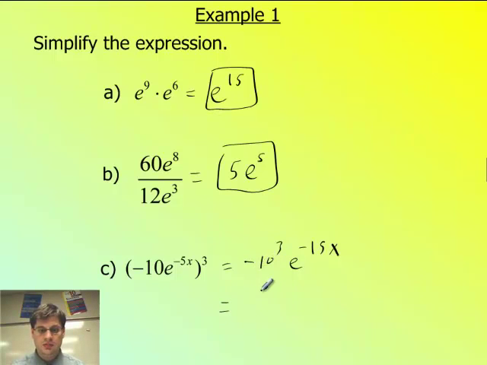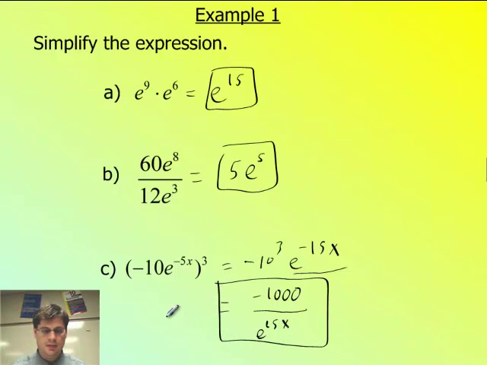Negative 10 becomes negative 1,000, like so. And then since this e value is to the negative 15x, that's going to drop into the denominator. So it'll be e to the 15x, and that is simplified.